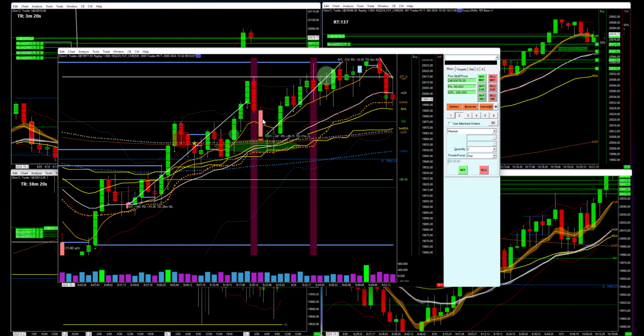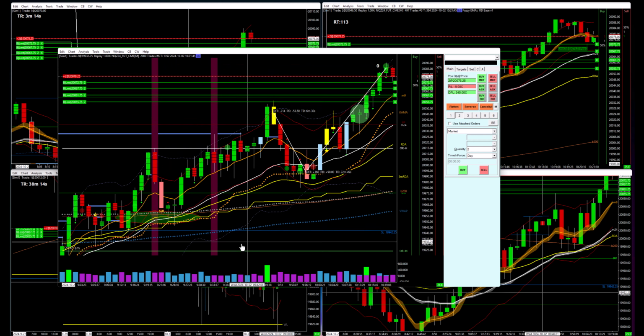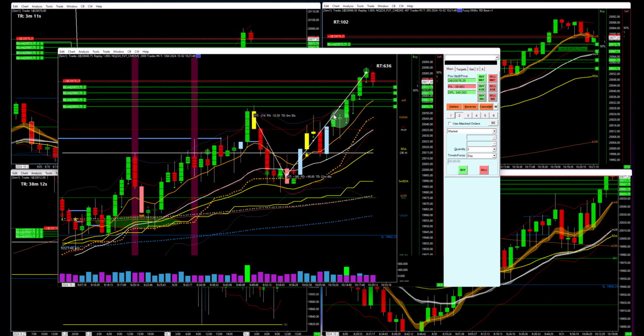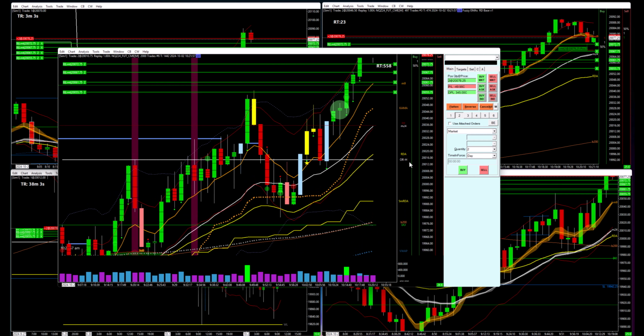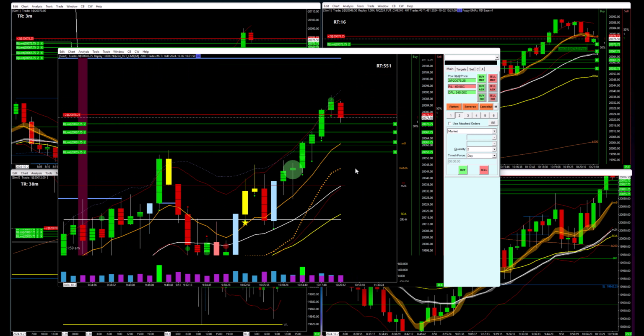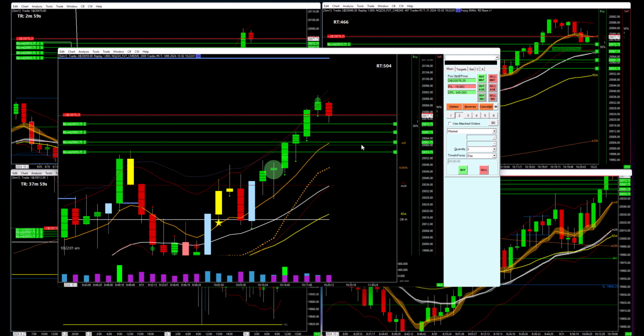So it's like a 90-point move up, and we're right at the end of that. I'm not saying it won't go up anymore, but I'm saying it might come down.